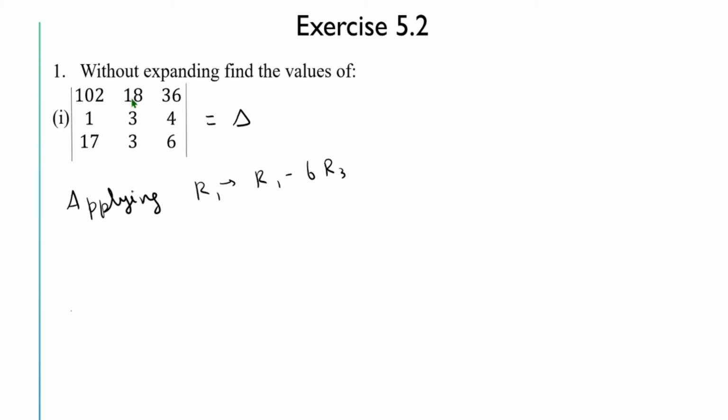Then 18 minus 3 into 6 is 18 minus 18, 0. Then 36 minus 6 into 6 is 36. So 36 minus 36, here again we get 0. So here all the values will become 0. If one row of a determinant is 0, then the value of the determinant is equal to 0.